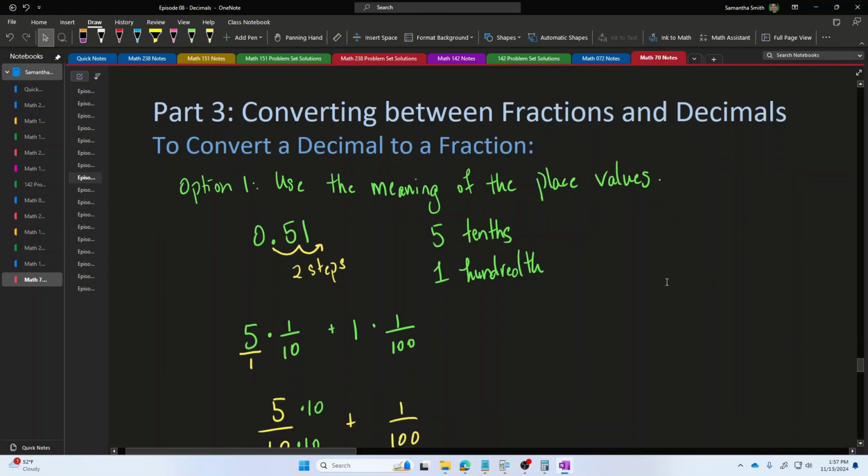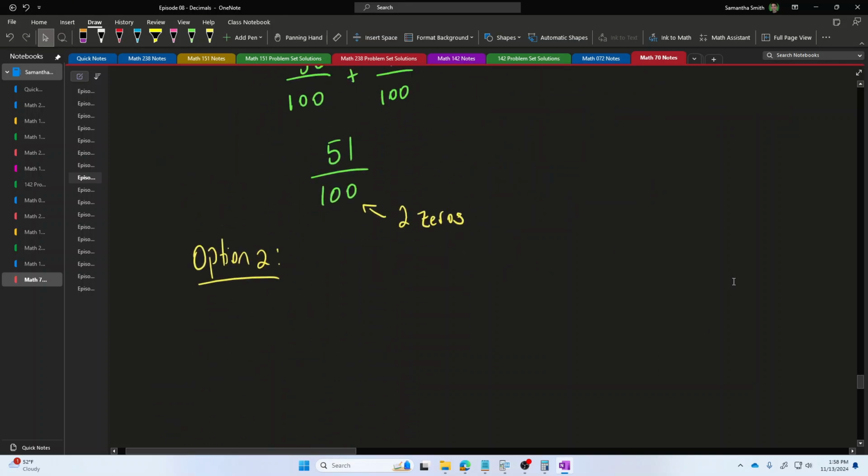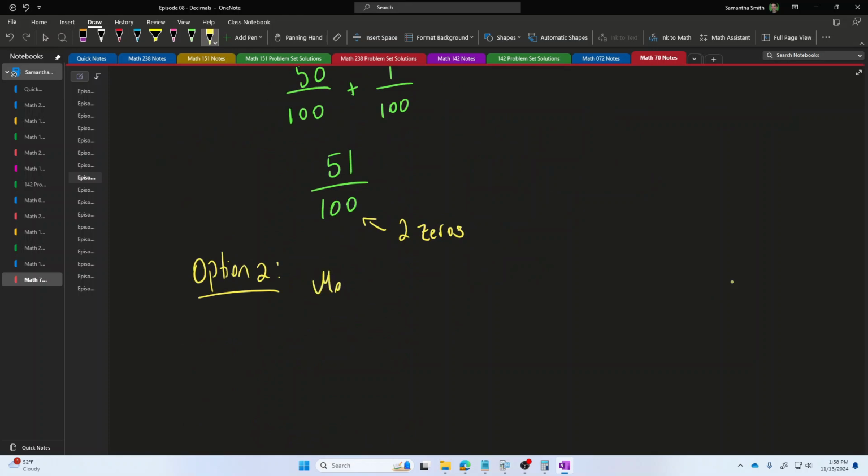Using this idea and following this pattern, we can convert decimals to fractions really quickly. Move the decimal point to the right until you have a whole number.